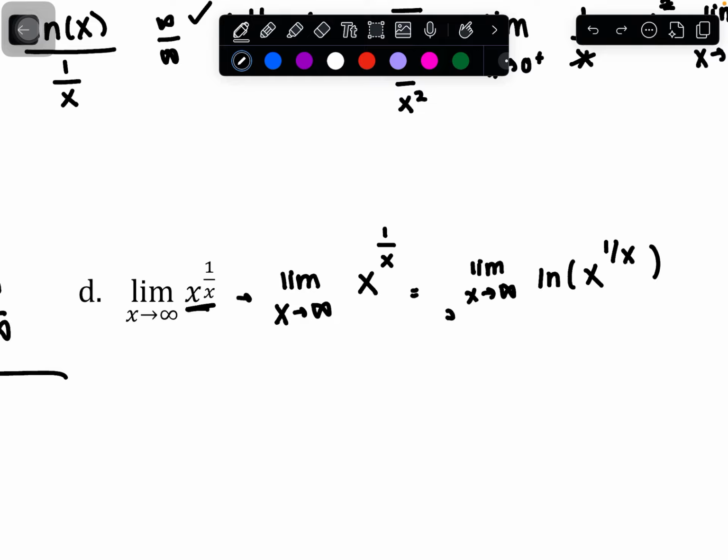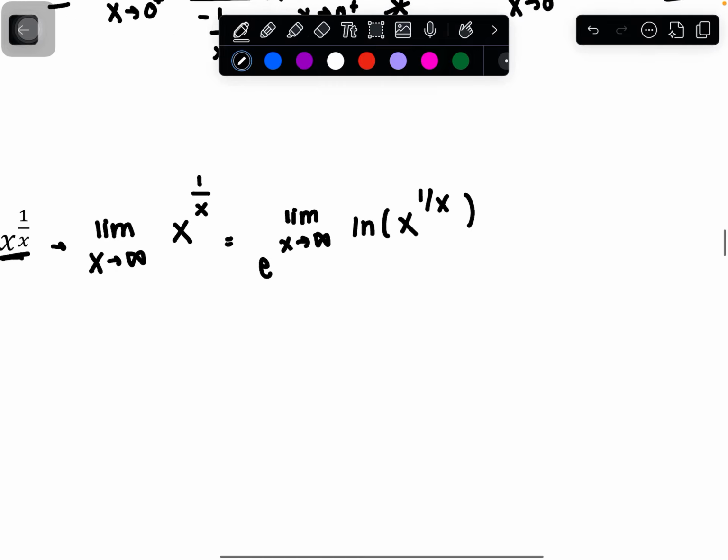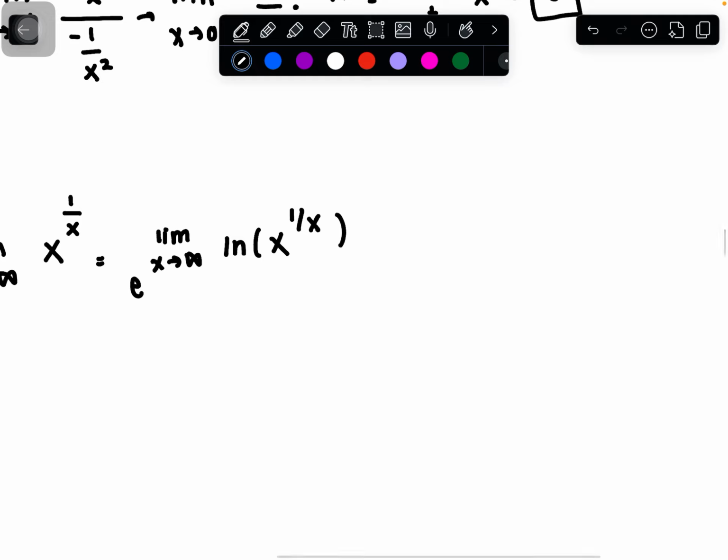They're only the same because it's e to the limit of the natural log. So now I'm going to forget about e for a little bit and just be concerned about this limit, and then my answer is just going to be e to that limit.